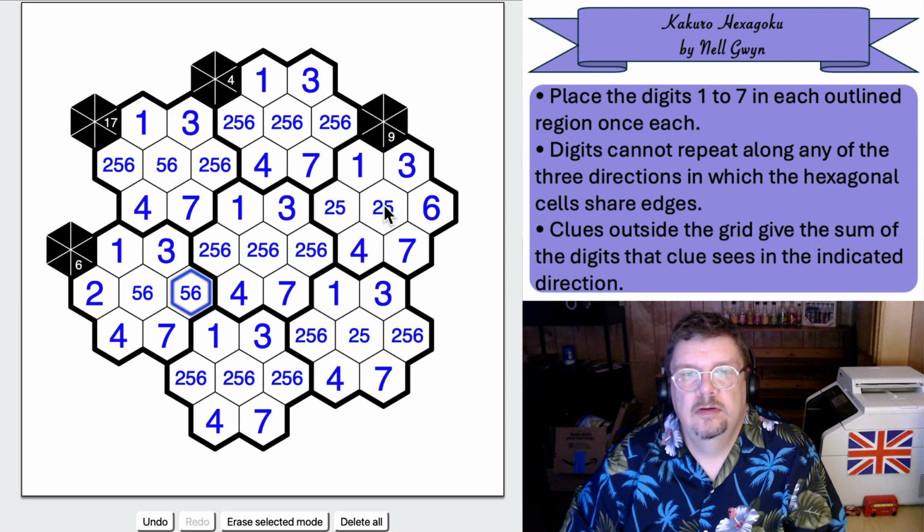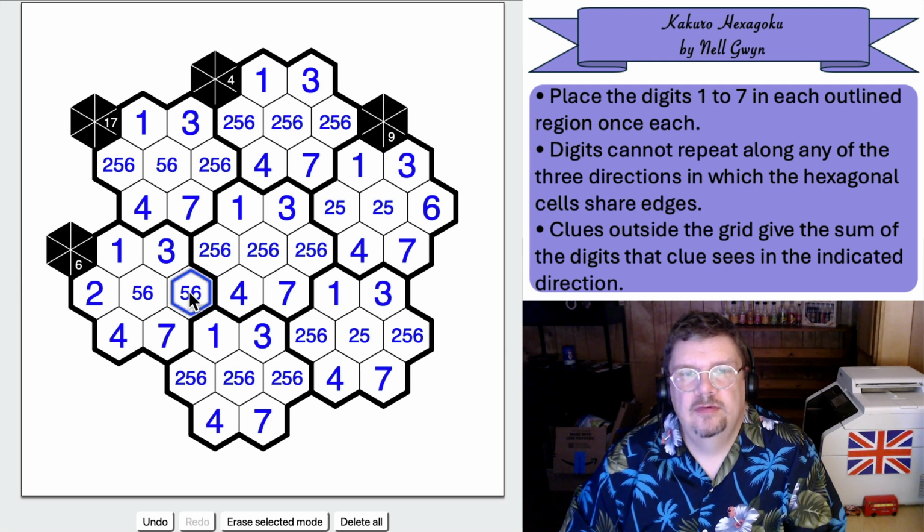Got a 6 here. So one of those two is a 6. So that's okay. If that's a 5, then that's a 2-6 pair.